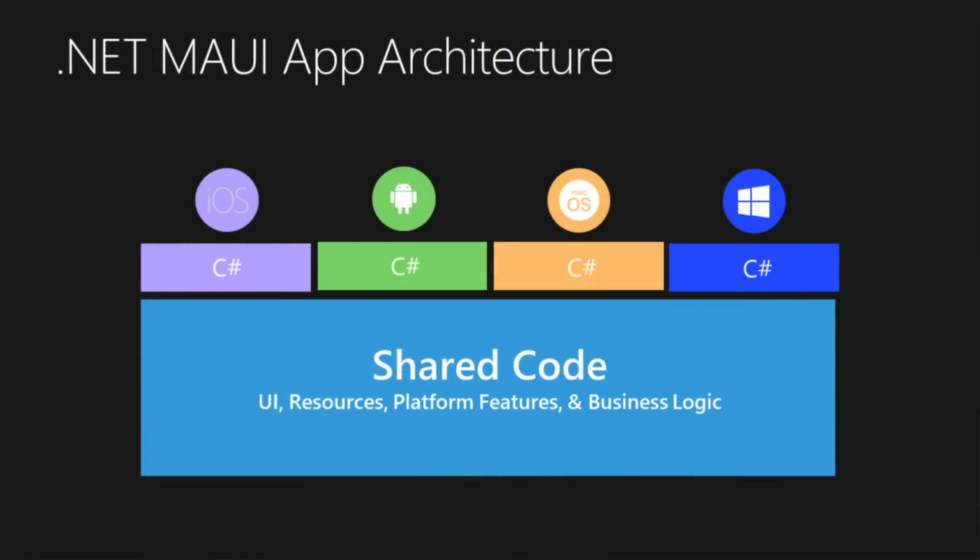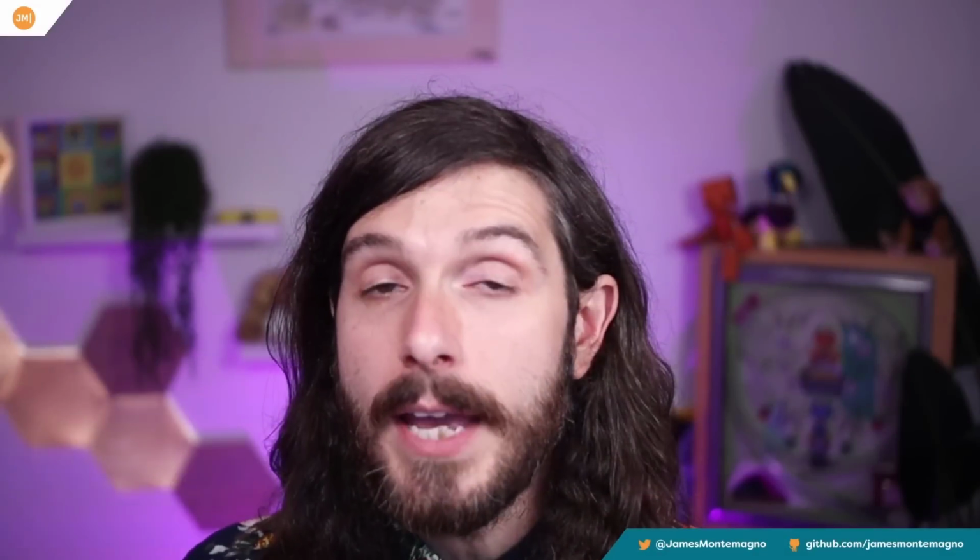On top of that is built .NET MAUI, an abstraction over common controls, frameworks, platform APIs, pages, layouts, and so much more. So you as a developer can build your UI once and access native APIs once, and then they all create and display native UI controls at the end of the day.